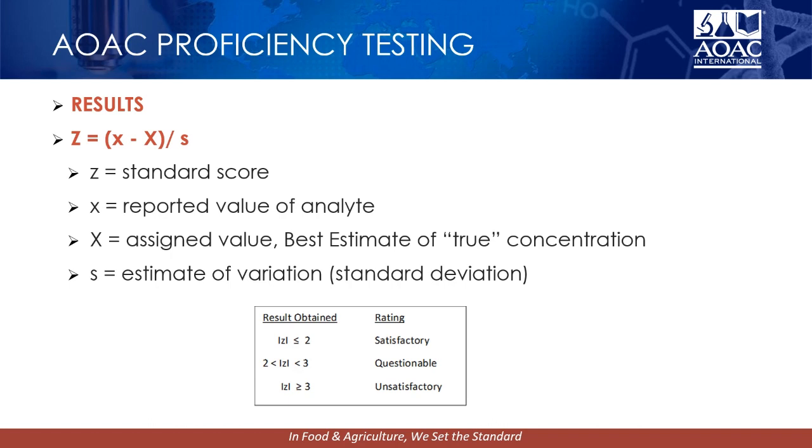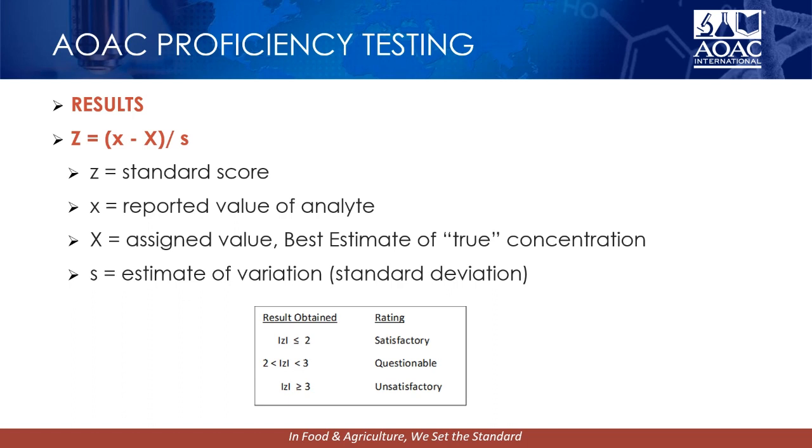And usually when a z-score is between 2 and 3, the questionable rating, it is a warning. It's, hey, we need to take a look at this. A z-score greater than 3 is an action. It's unsatisfactory, and you need to understand why your z-score was greater than 3. That's why there's the root cause analysis and corrective action, etc.